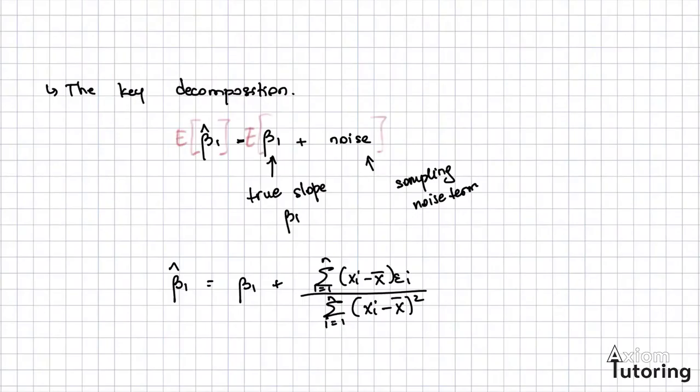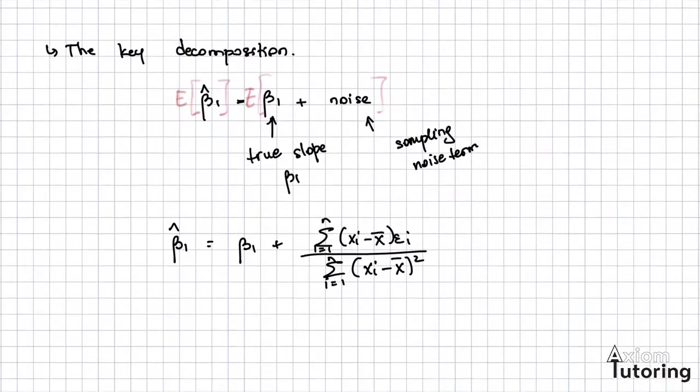Now that we also know the properties of expectations, explained in another video, we can rewrite the entire expression as the expectation of beta 1 hat equals beta 1, if it is unbiased, plus the expectation applied to the numerator and the denominator, where we are still using the linearity of expectations.